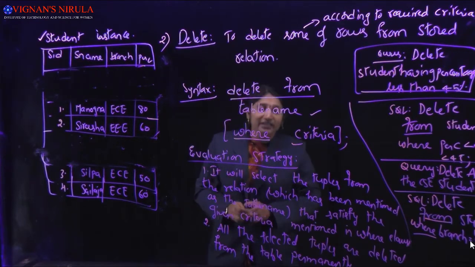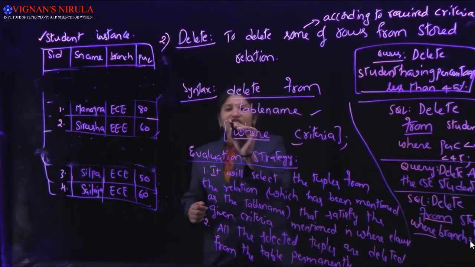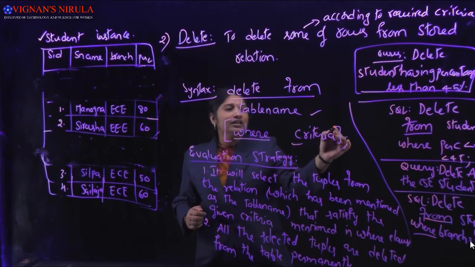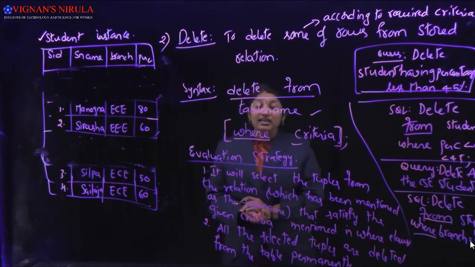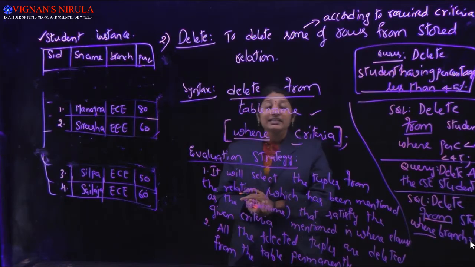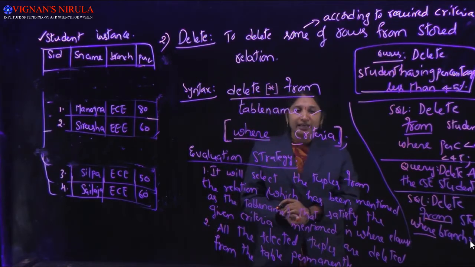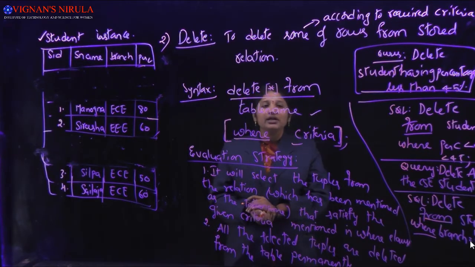So that is the delete command. It will delete the tuples from the required table that satisfy the required criteria. As you already saw, the where clause is optional. You can leave out the where clause. If you are not mentioning the where clause, the syntax is delete star from table name.